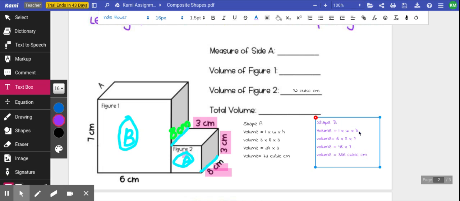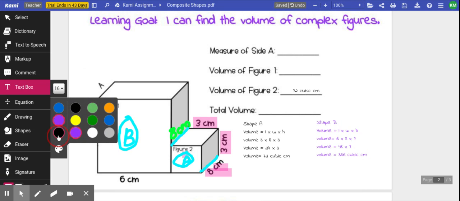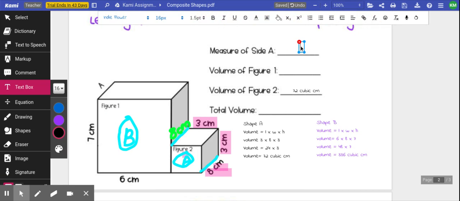All right, let's plug our numbers into the top here where it tells us measurement A and volume of figure 1. So we'll type that in. We know that the missing measurement for side A was 8 centimeters.